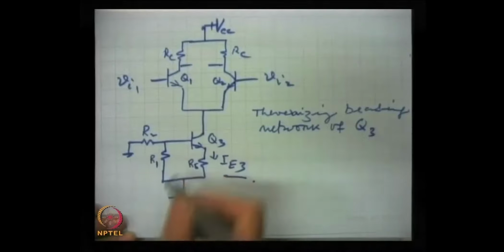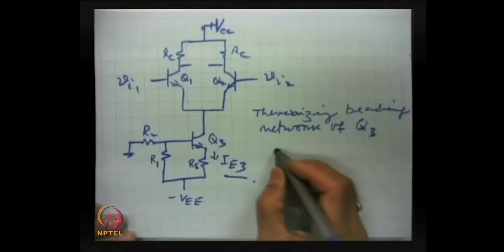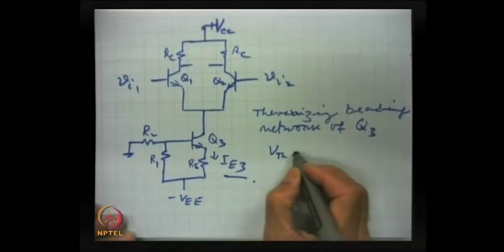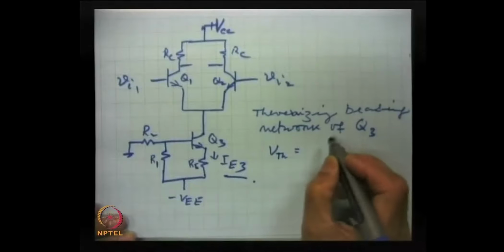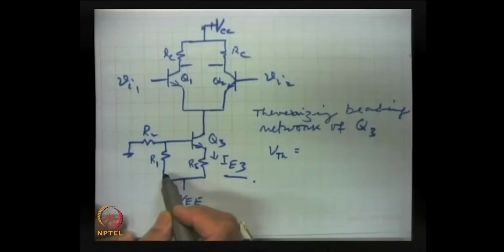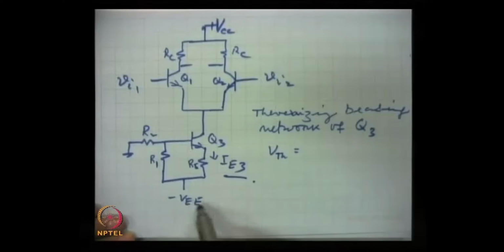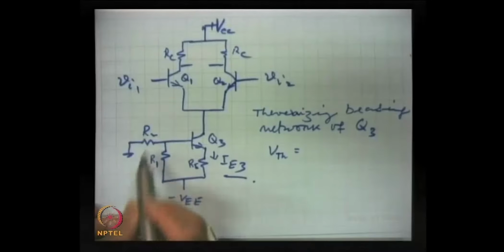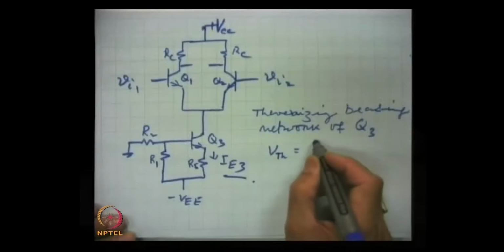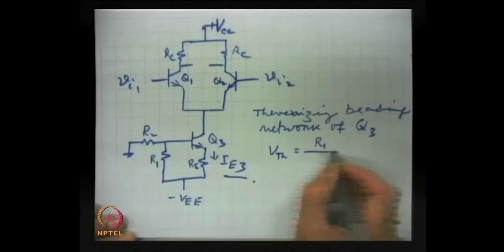You know the simple rules of Thévenin's theorem: the Thévenized voltage is whatever is the voltage across this. So, the current will be V_EE by R1 plus R2, and that current when it passes through R1 gives a voltage, and that is Thévenin's voltage.